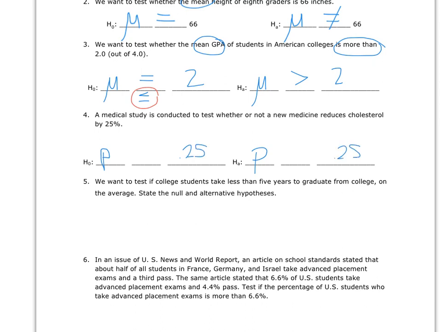Whether or not kind of gives us a not equals to assumption. It's not saying anything about less than or greater than. So that means in the null we only have one option. It's just equals to.